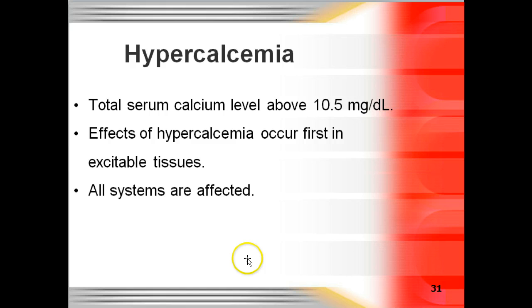Hypercalcemia is a total serum calcium level above 10.5. Because the normal range of the serum calcium is narrow, even small increases can possibly have severe effects. Effects of hypercalcemia occur first, primarily in what they call the excitable tissues, which is like the cardiac tissues, and all of the basic systems are affected. You'll have cardiac changes such as increased heart rate and blood pressure, pulse rate.